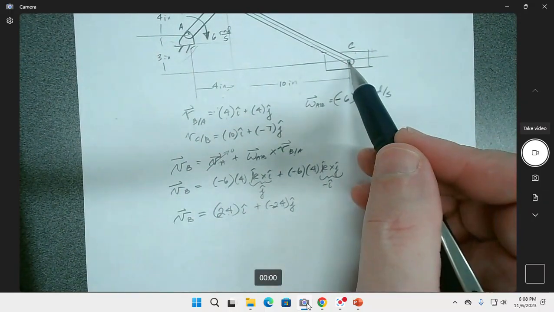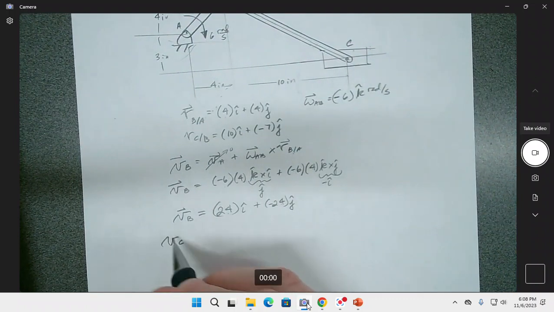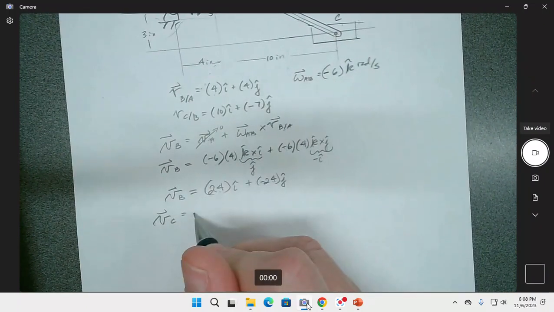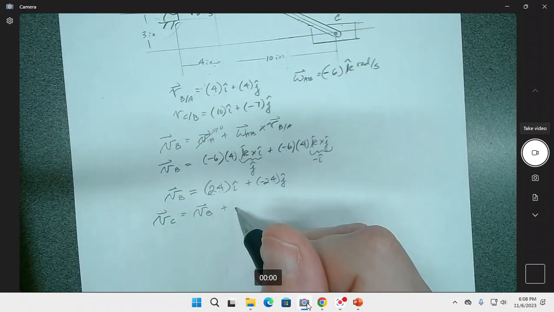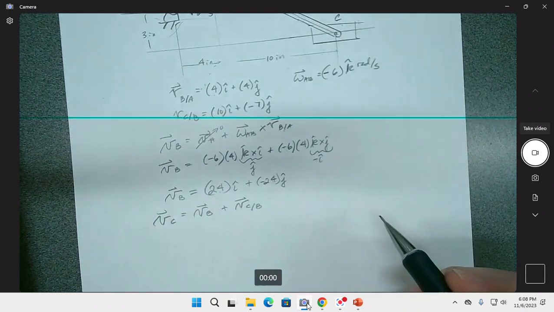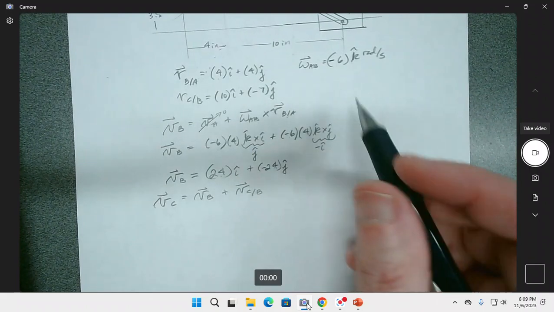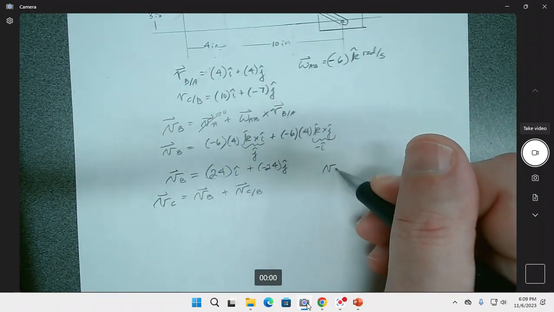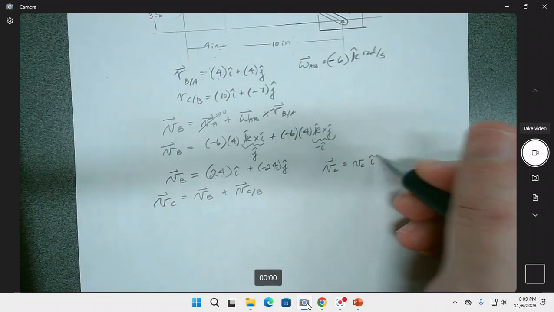Now we could say that the velocity of C is going to be equal to the velocity of B plus the velocity of C with respect to B. Some things that we should maybe note: this velocity of C has to be VC in the I direction.